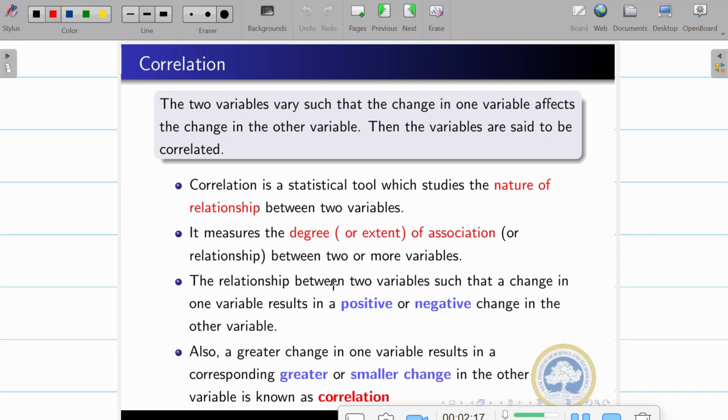The correlation is a statistical tool used for measuring the relationship between two variables, and it may be positive or negative. A greater change in one variable results in a corresponding greater or smaller change in the other one. So, this is generally how correlation is defined.